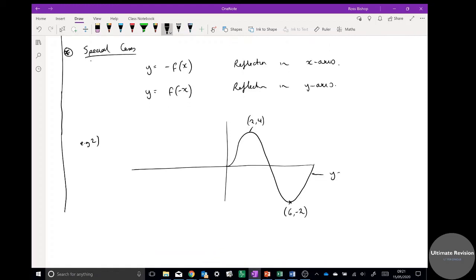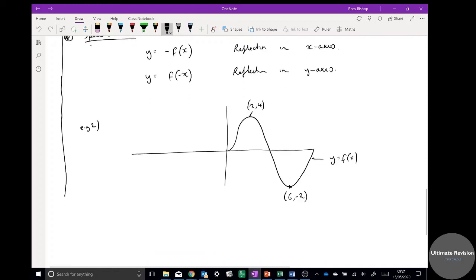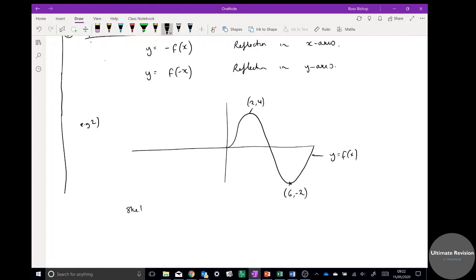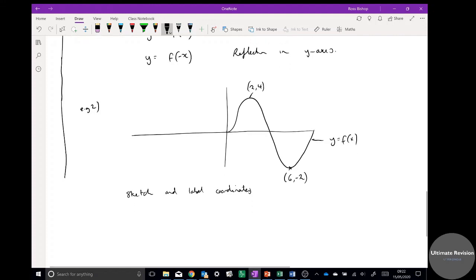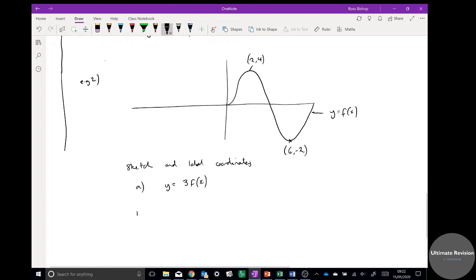This is y equals f(x). You could be asked to sketch and label coordinates. Let's say (a) y equals 3f(x), and (b) might be y equals f(2x).